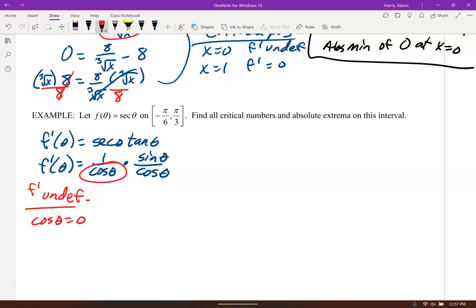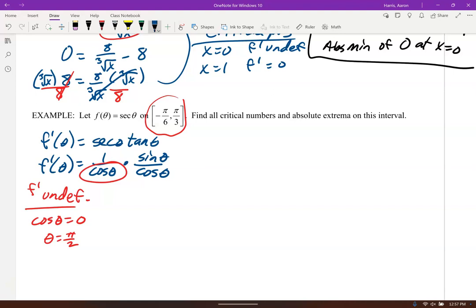Well, cosine of what is 0? Hopefully you say pi halves. And I'm only looking between -pi/6 and pi/3, so this is actually outside of that range anyway, but I'll make a note of it.